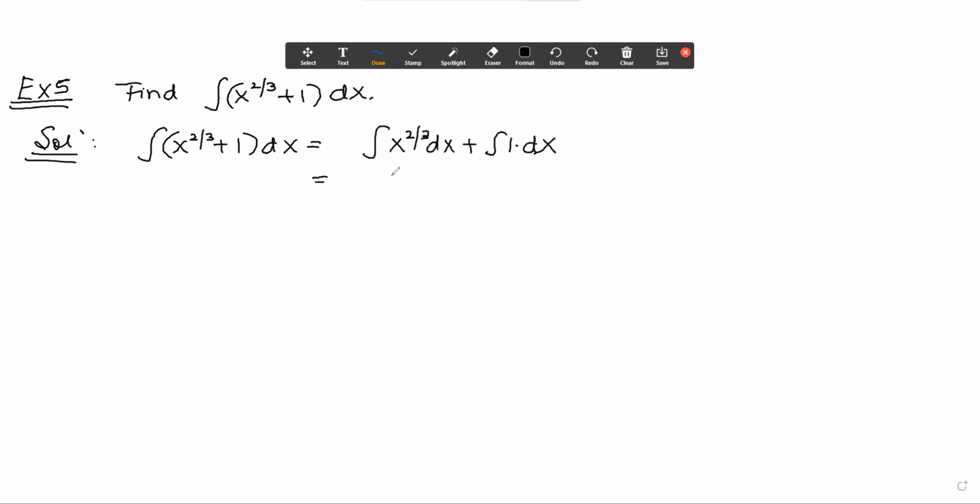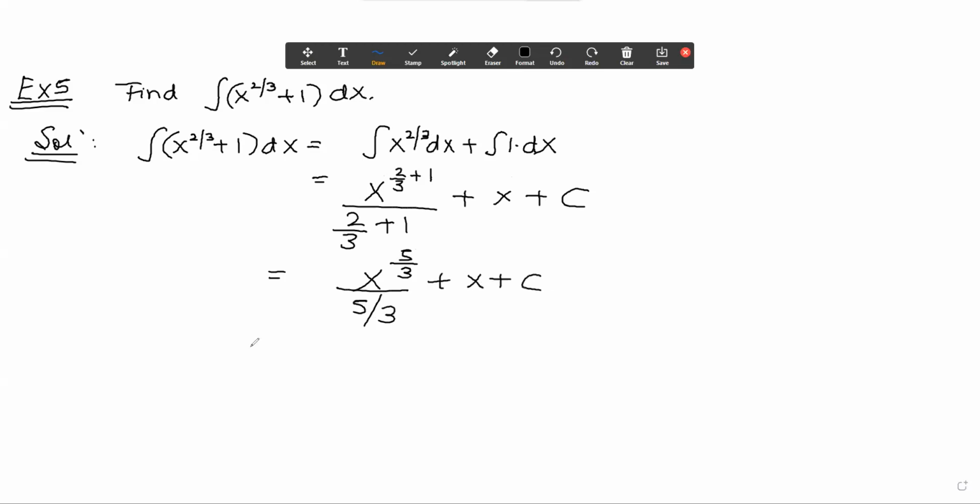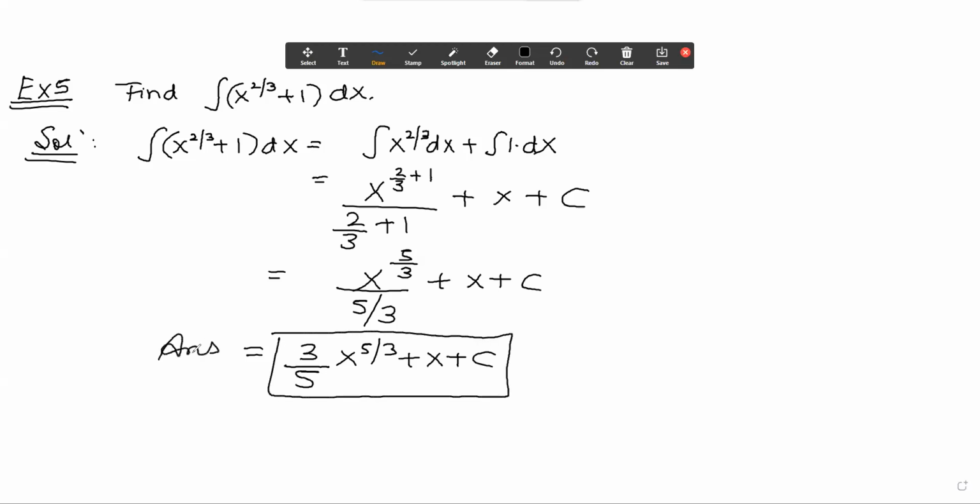Now the integral of x to the power 2 by 3 will be x to the power 2 by 3 plus 1 upon 2 by 3 plus 1, and the integral of 1 is x, plus c. This will be x to the power 5 by 3 divided by 5 by 3 plus x plus c, which is 3 by 5 x to the power 5 by 3 plus x plus c. This is my final answer.